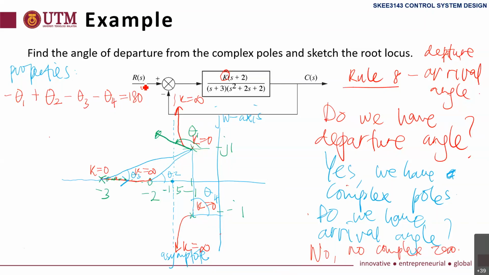What we want to calculate is theta 1, so I can move theta 1 to the right. That means theta 1 equals theta 2 minus theta 3 minus theta 4 minus 180 degrees.